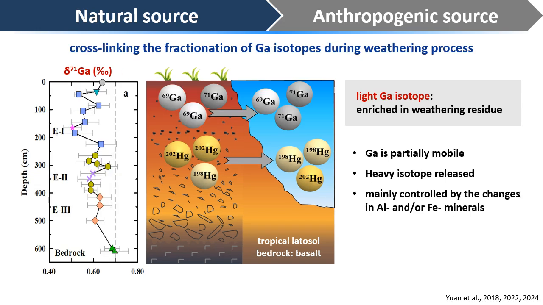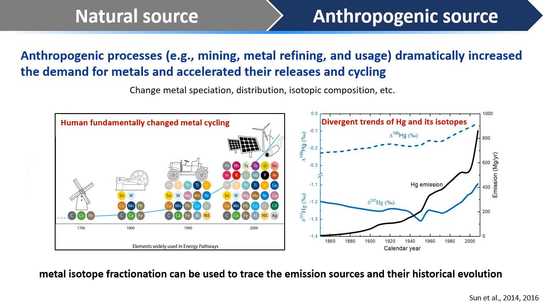We can even verify the result by studying another isotope system. Here, in this case, we show you the isotope composition of gallium. What we found is that in the same profile, gallium is partially mobile, with light isotopes enriched in the weathering residue, and the fractionation is mainly controlled by the changes of aluminum- or iron-related minerals.